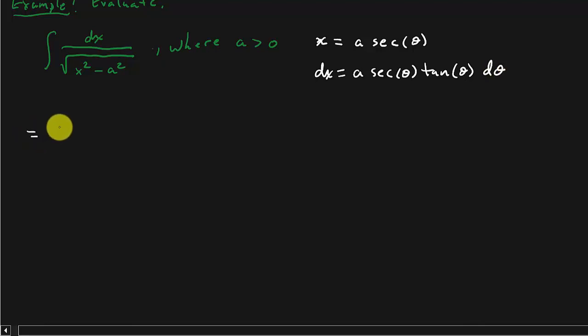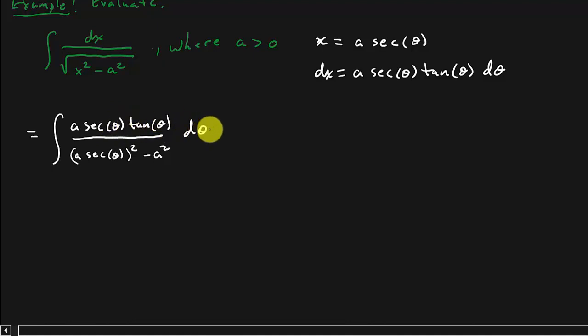All right. So let's make our substitutions. That's going to be dx over, and in the place of x, I'm putting a secant theta. So a secant theta squared minus a squared. Let's take the dx off. In the place of dx, we're going to put a secant theta tangent theta d theta.